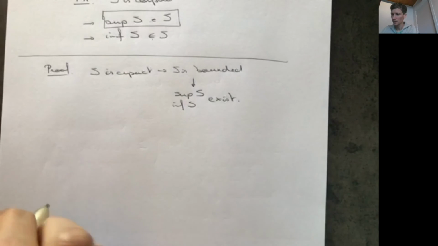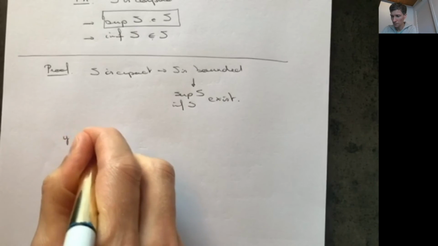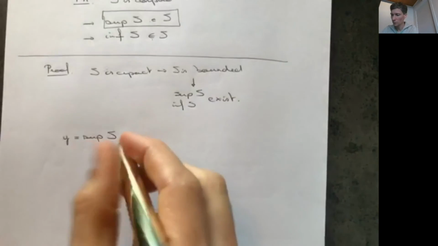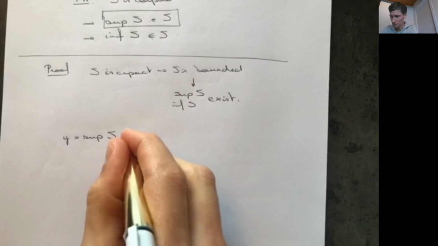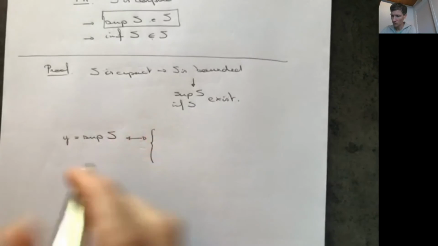Okay, so next let y be equal to the supremum of S. So y is the number, it's an upper bound and it's the lowest upper bound. And we have seen an equivalent definition of supremum a few lectures ago, so let me recall what it is. So we know that y is the supremum if it satisfies two things.